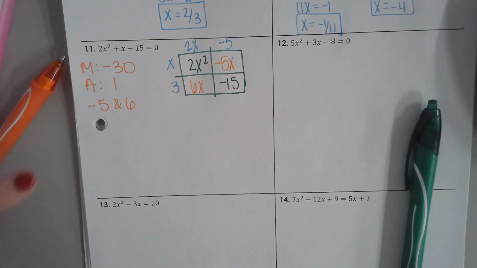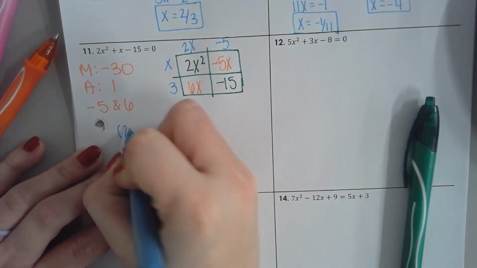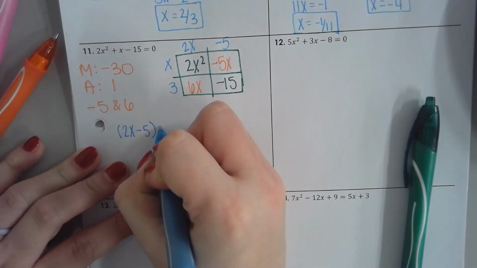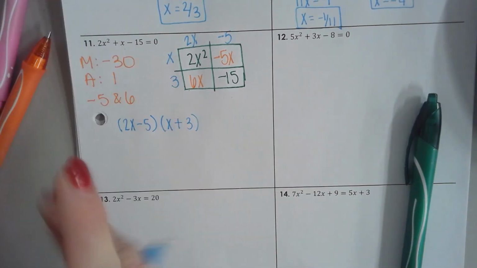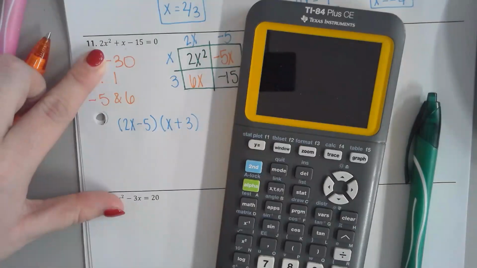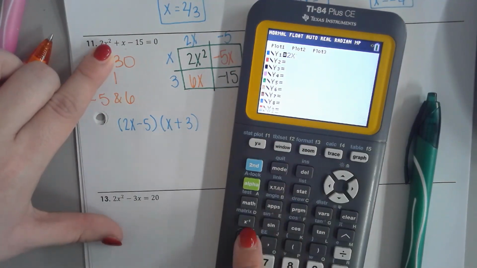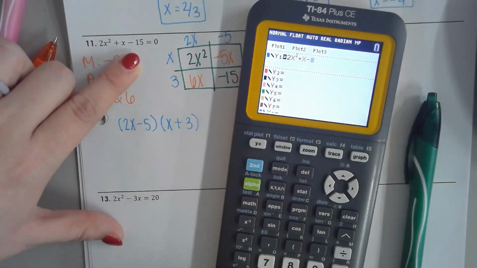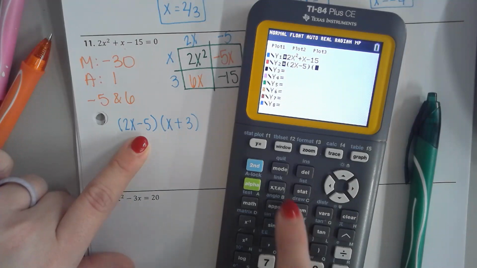Take that 1 minute that it takes or less. Type in 2x squared plus x minus 15, 2x minus 5, x plus 3.